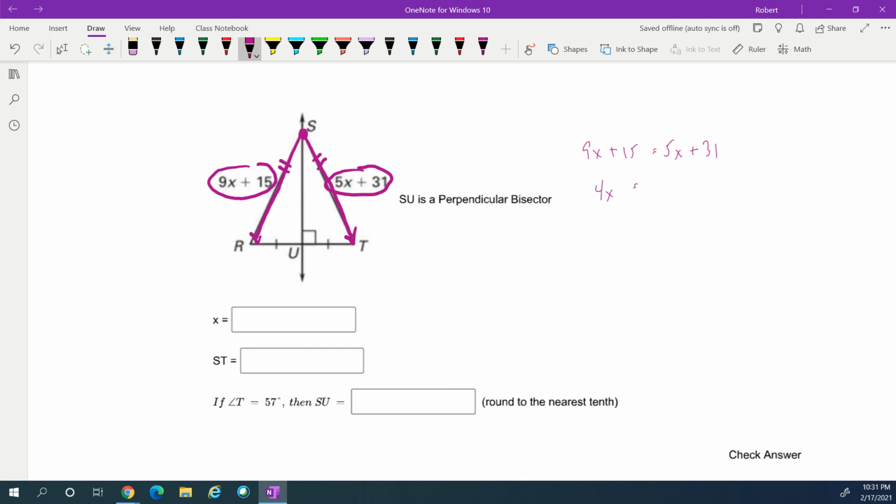That's 4x. We're going to subtract, and we get x equals 4. We're asked to find ST, so we're going to plug it back in. And we find out that ST is 51.